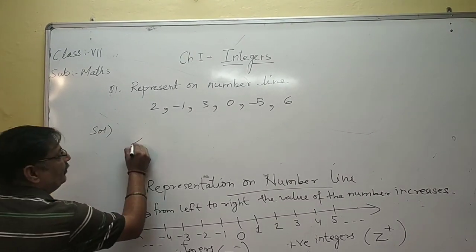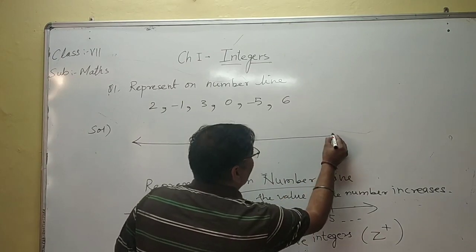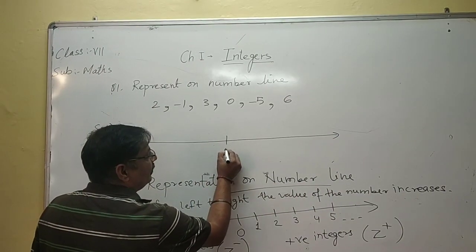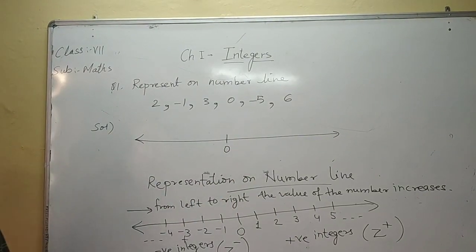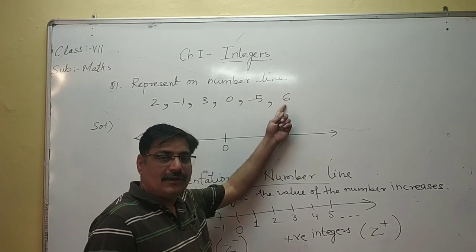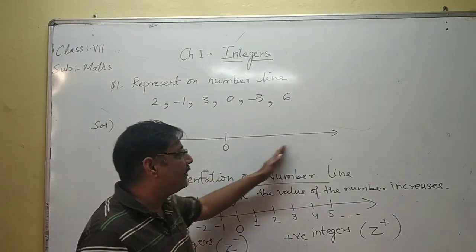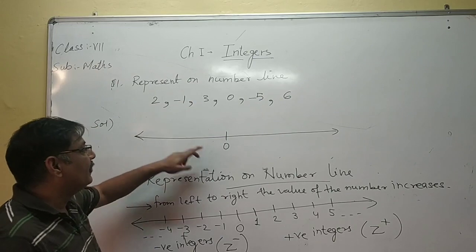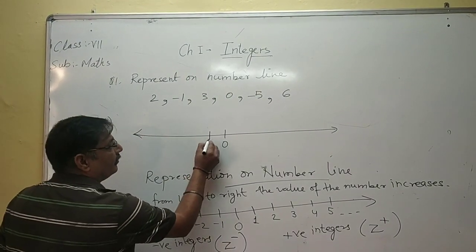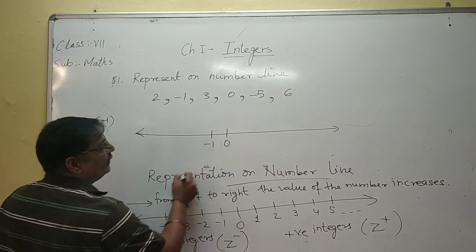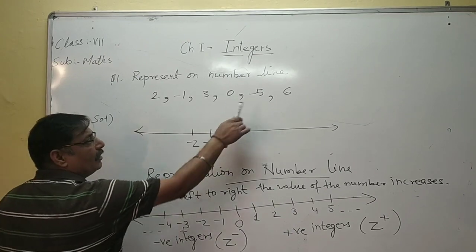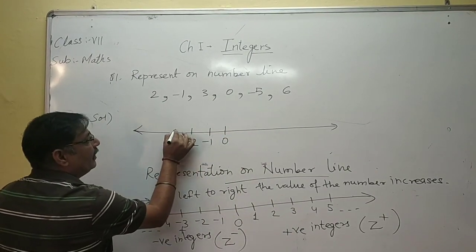So first we will make a line, and on this line we take 0 anywhere. Now the positive numbers lie to the right of 0, and the negative numbers lie to the left of 0. So here, this is minus 1, this number is minus 2, and we want to represent what? Minus 5.